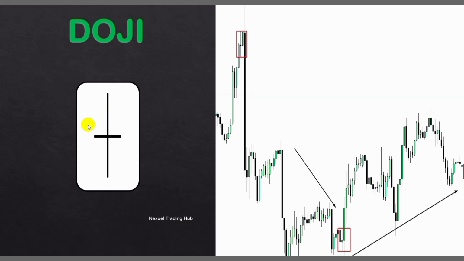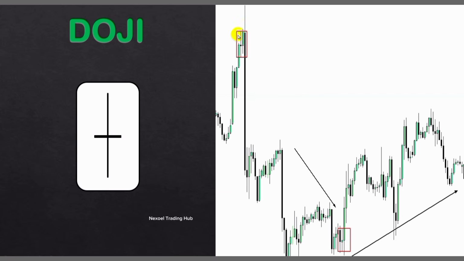Basically, you can see the candle opened, the market went to the upside, came to the downside, created the low, created the high, but then price returned and closed here. So we're not really seeing where volume is dictating the market's next move. That is why the doji candle is referred to as an indecision candle. It is showing us equal presence of buyers and sellers in the market.